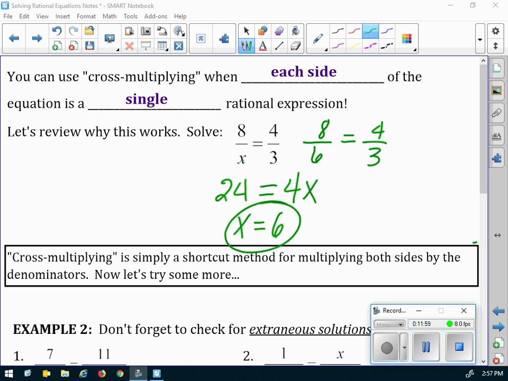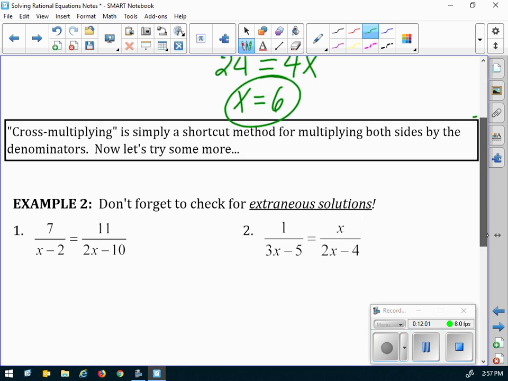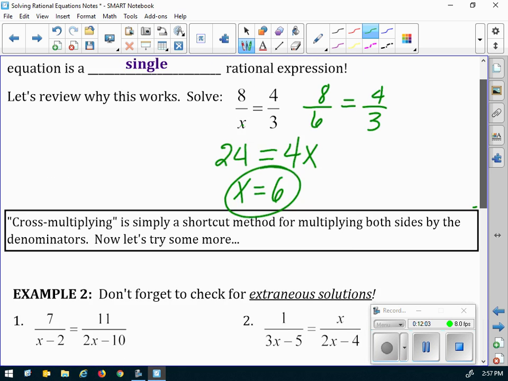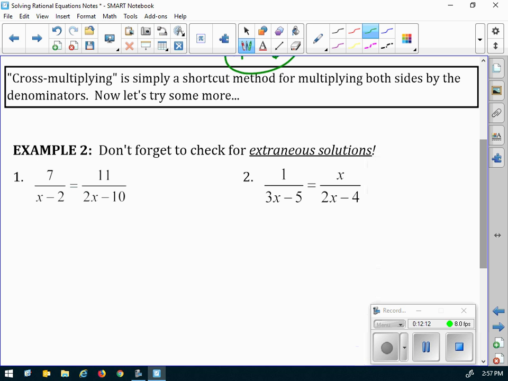How much work is that? Cross multiplying is simply a shortcut for multiplying both sides by the common denominator.